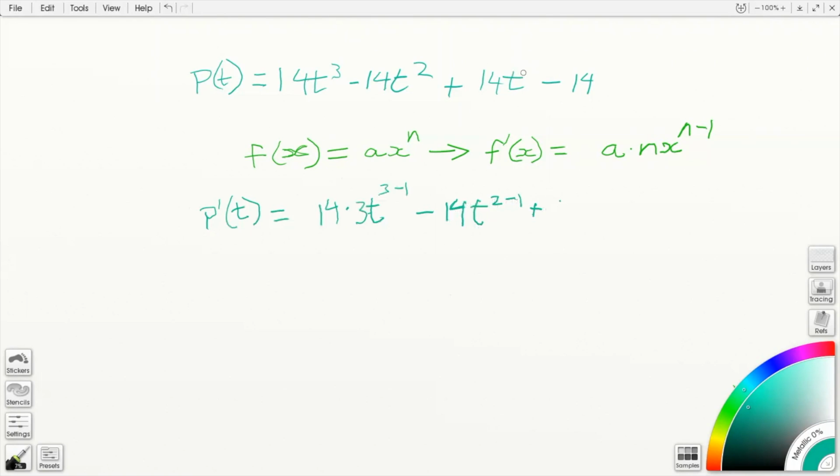Now here, remember, there's always a magical 1 sitting above this t. If there's a t or an unknown variable without an exponent, there's always a little 1 there.